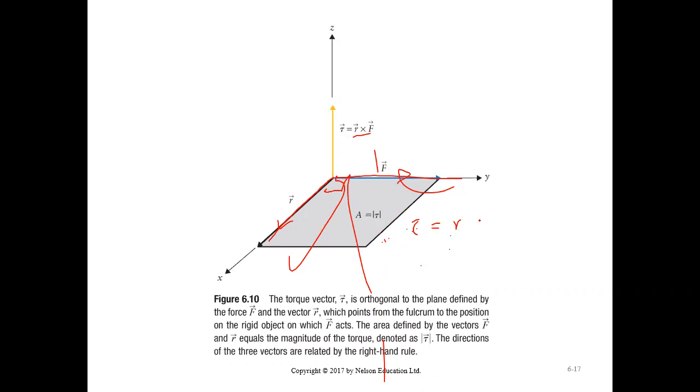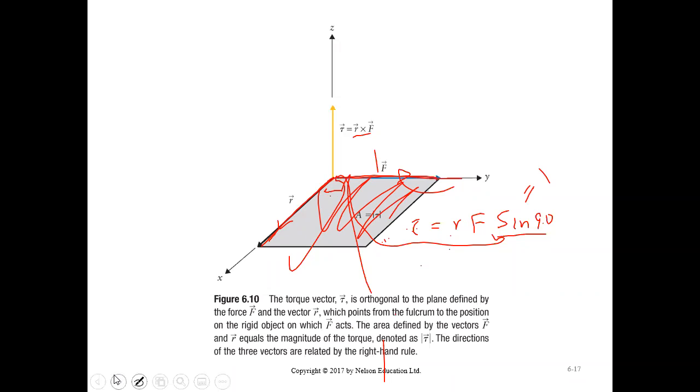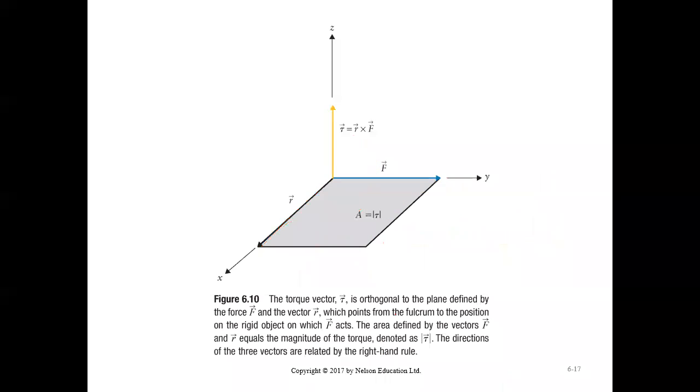It's R times F, R is this length, F is this length, multiplied by sine 90. Sine 90 is 1, so that is the area of this. If it is not 90 degrees, it still will be the area, because it becomes sine theta. It can be shown that it's a parallelogram, and the area is given by R F sine theta.